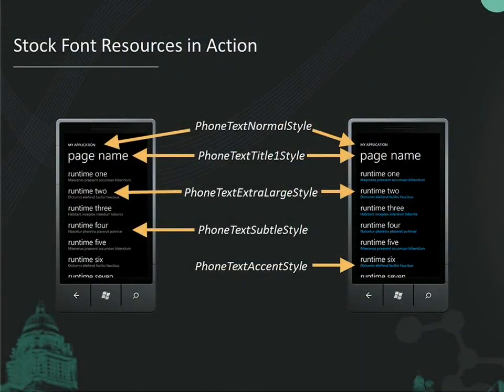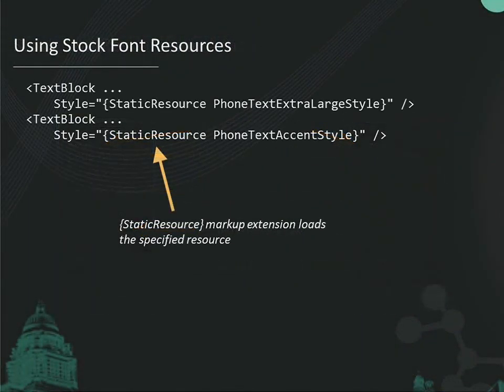I've got TextBlock Style equals StaticResource PhoneTextNormalStyle, for example. The second one, TextBlock Style equals StaticResource PhoneTextTitle1Style. Again, we use these to make our applications look like others.